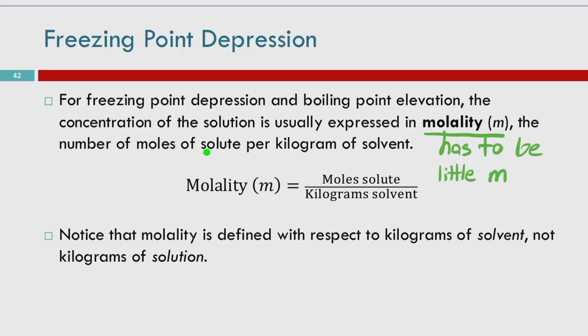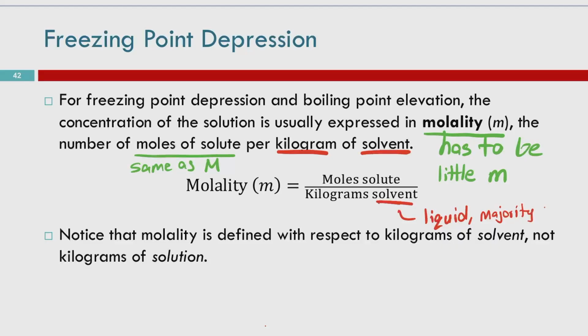It's the number of moles of solute, so that's the same as for big M, but it's per kilogram of solvent, not liters of solution, like we have for big M. The solvent being the liquid, usually water. Or the majority component.